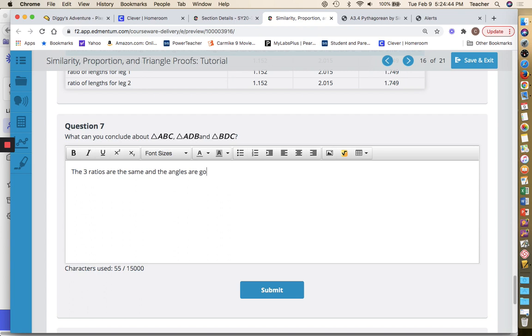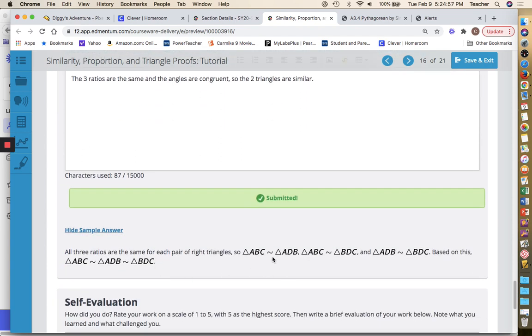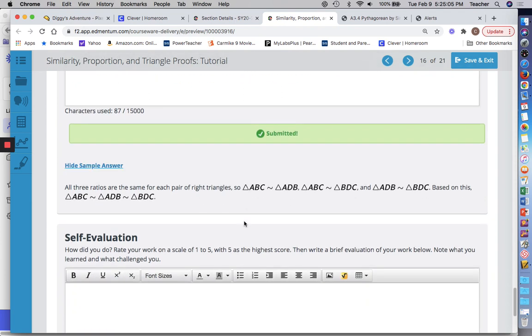Oh, I can't spell congruent. Congruent. So the three triangles are similar. All right, so that's what one little squiggly means. It means it's similar. So they're saying triangle ABC is similar to triangle ADB. In fact, they're all similar.